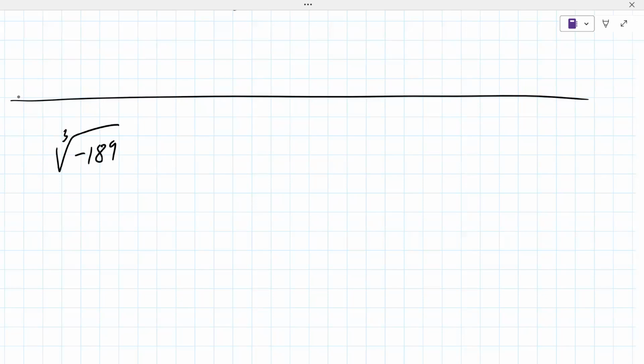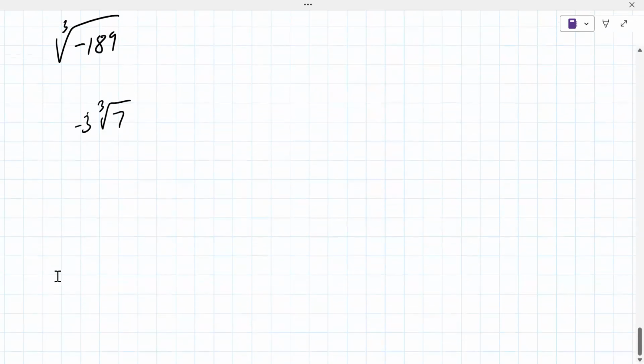I got -3 cube root 7. Correct, yeah. And just be careful here with the 3. You can often forget to do that, or mix up the index, the number there. Okay, good job on that.